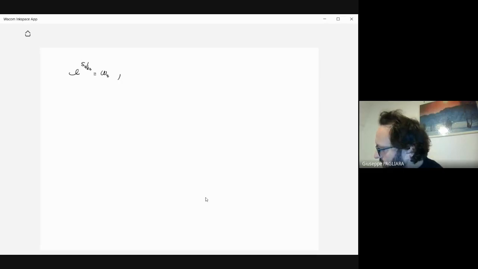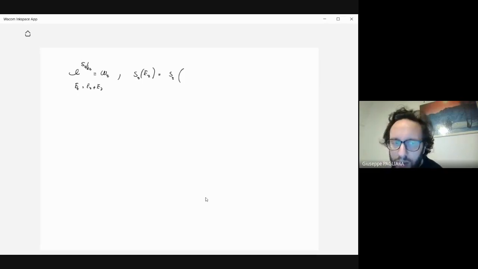Now let's write SR, the entropy of the reservoir, as a function of ER. What is ER? It is related to the total energy ET and the energy of the system S in the following way: S of R is a function of ET minus ES.